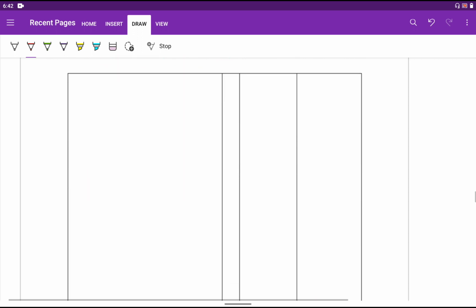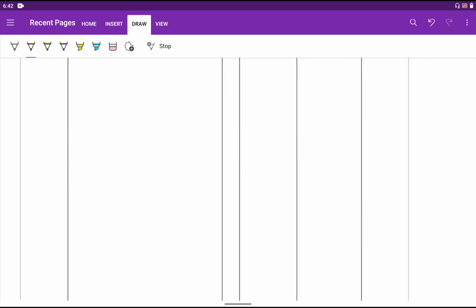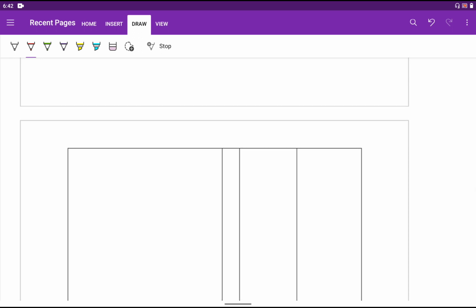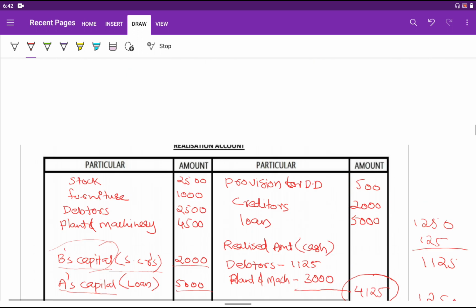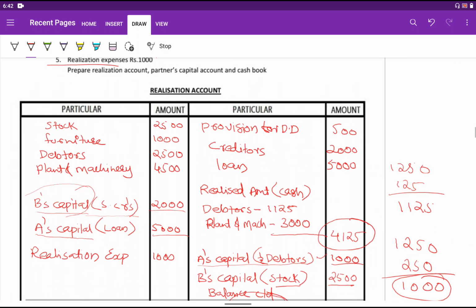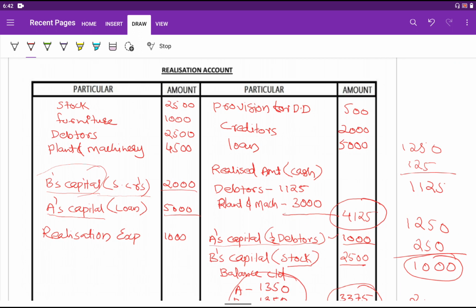So next thing, now we can do the journal entry for realization account. So what is the first journal entry for this stock? For this we can write a combined journal entry if you want. This is completely coming in debit side, so we will credit it and we will write realization.